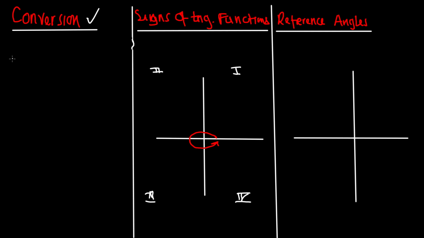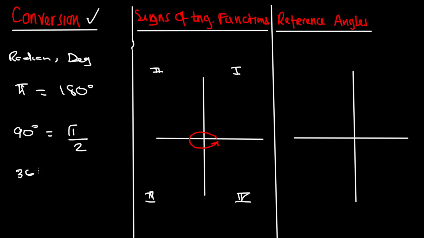So conversion is usually between radians and degrees. The relationship is pi radians is equal to 180 degrees, and we should be able to convert between these. For example, if they give you 90 degrees, using the direct relationship between these, we can say that 90 degrees is going to be pi over 2.